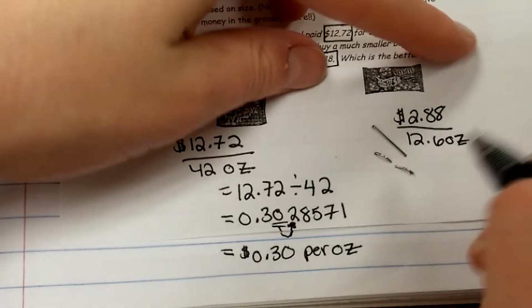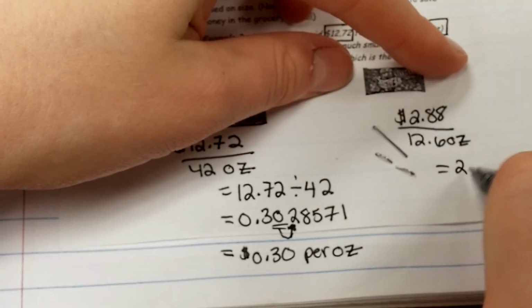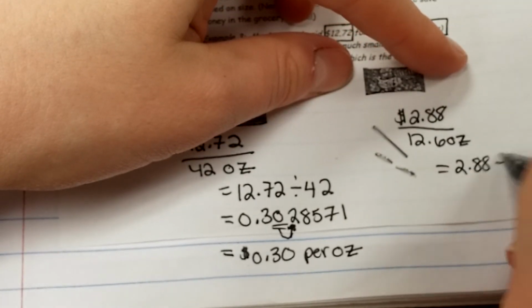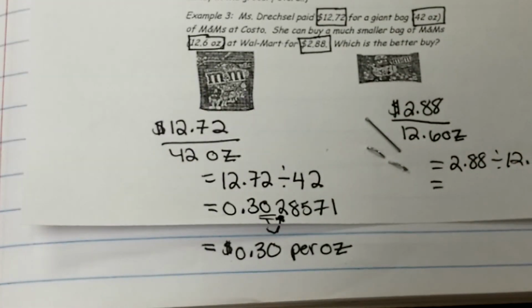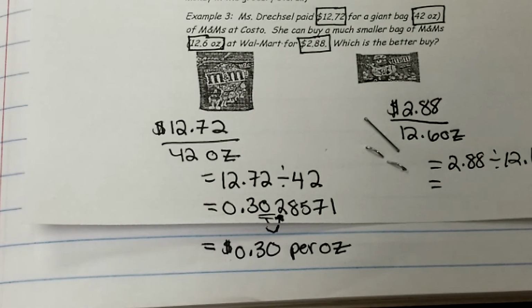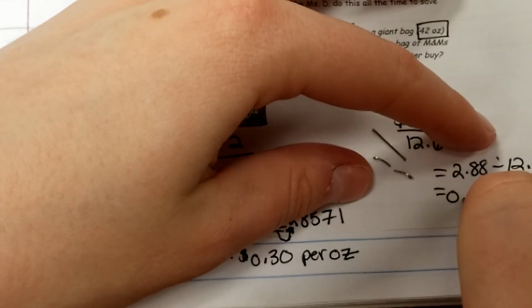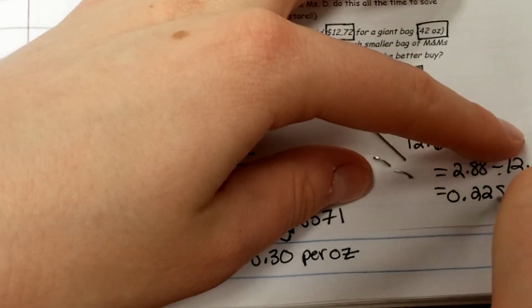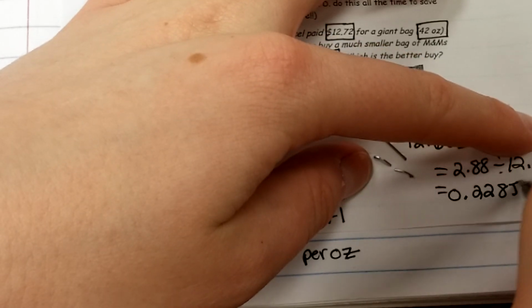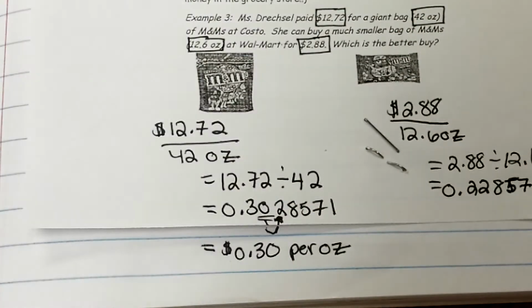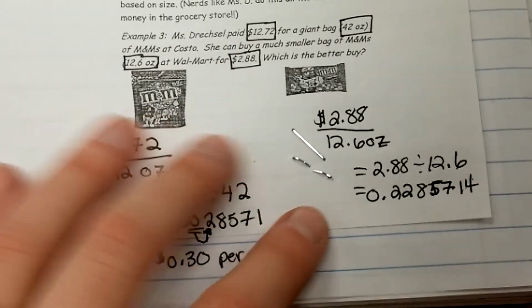All right, second one, division, 2.88 divided by 12.6. So we use the calculator. 2.88 divided by 12.6 is 0.2285714. And again, money always gets 2 decimal places.